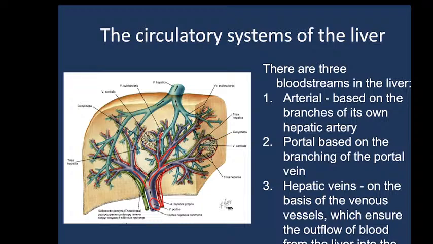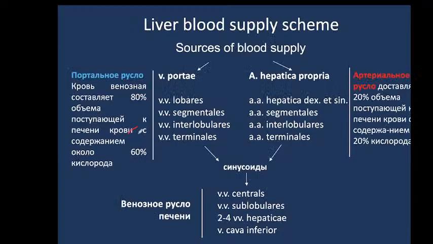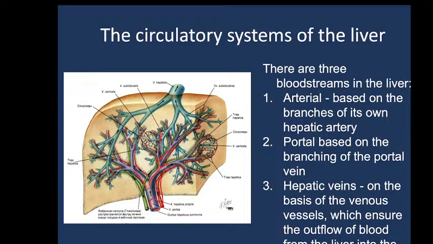Then the capillary net comes together and forms hepatic veins, which join together and form two, three, more commonly three or four hepatic veins. You see it here, one, two, and three, which form the tributaries for the inferior vena cava.